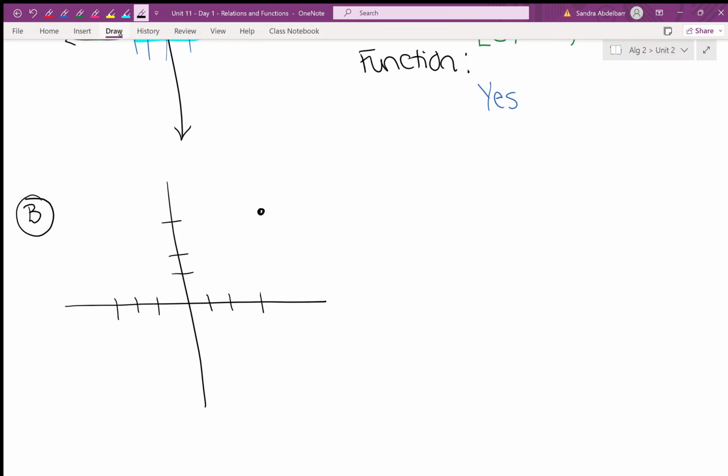Actually, I want that to be an open circle. Oops. Oh, an open circle. Yep, sorry, open circle.